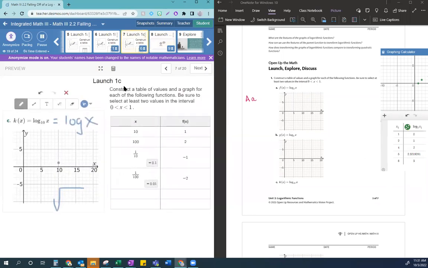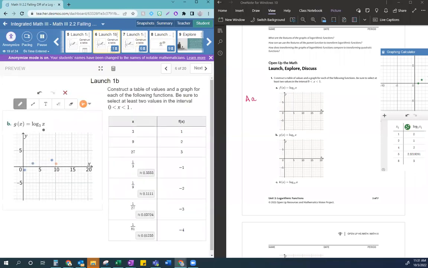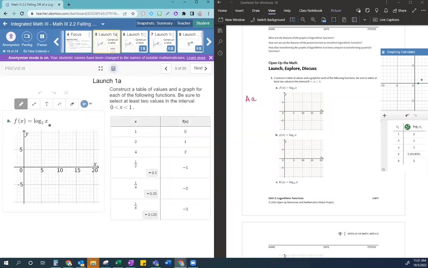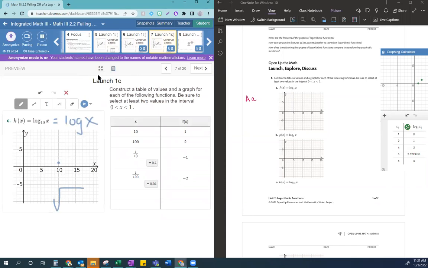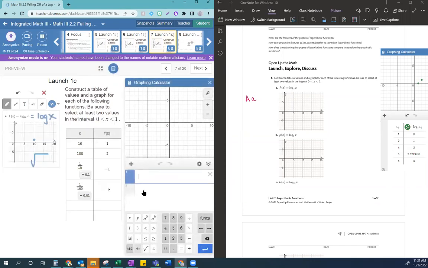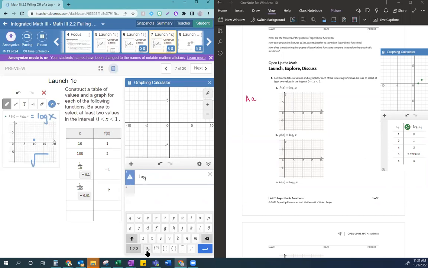So what did we talk about with a base of 10 versus this guy with a base of 3 versus this guy with a base of 2? If you want, we can just graph them all on the same one and then you would see. So anybody have any, Ms. Johnson, this is what I see. Log base 2 of x.